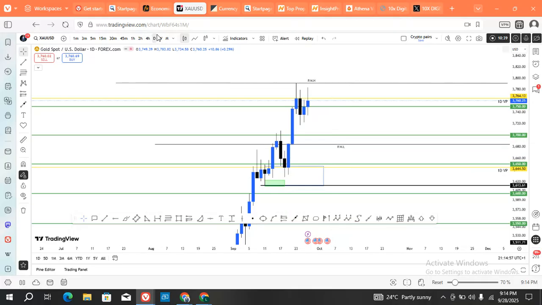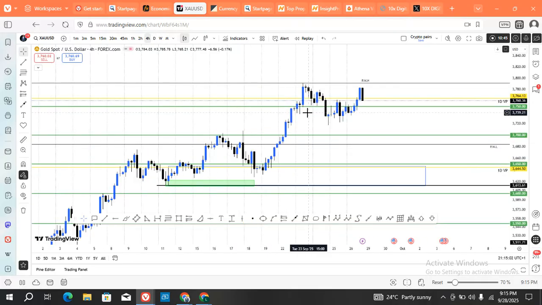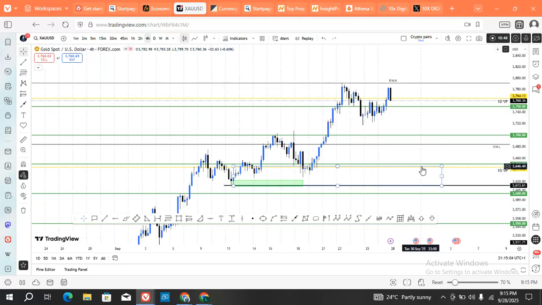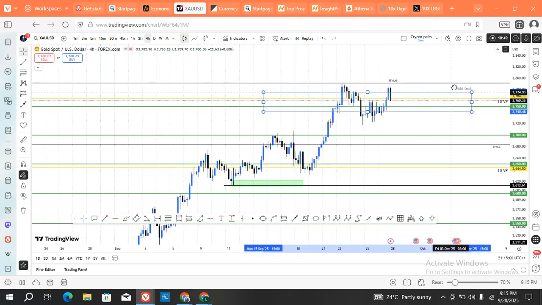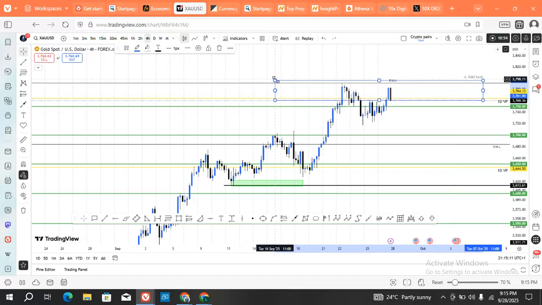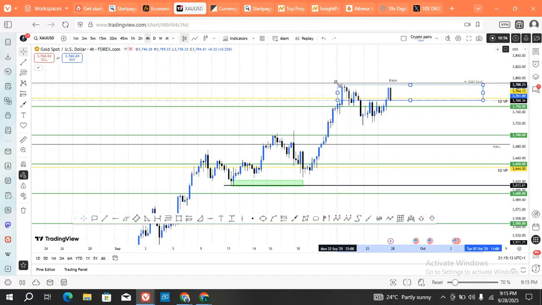Then we go to the 4 hour time frame. On the 4 hour time frame, I see this. This is the 4 hour supply I see, but to narrow it down very well, this is going to be the supply level here.